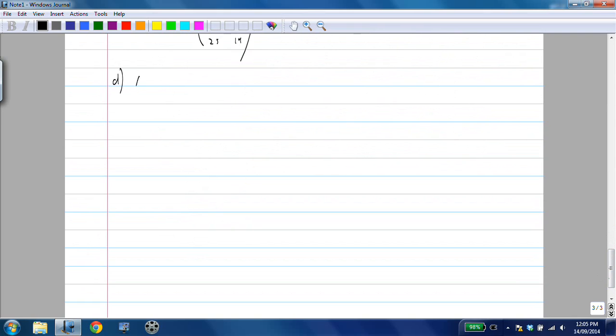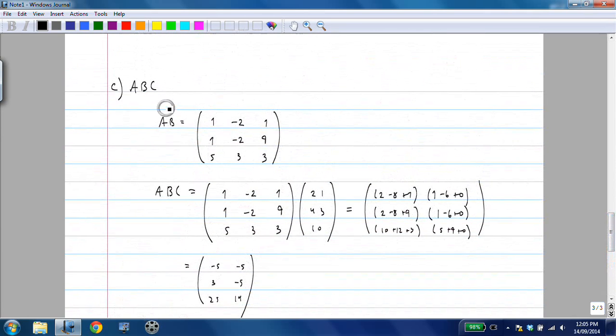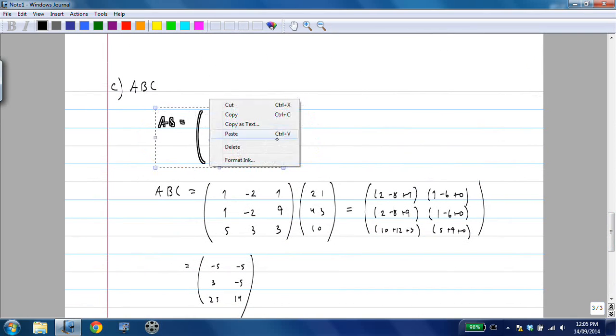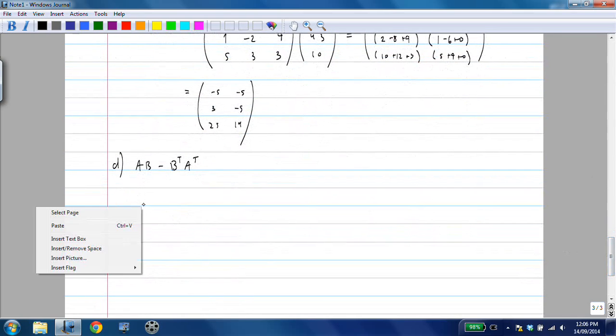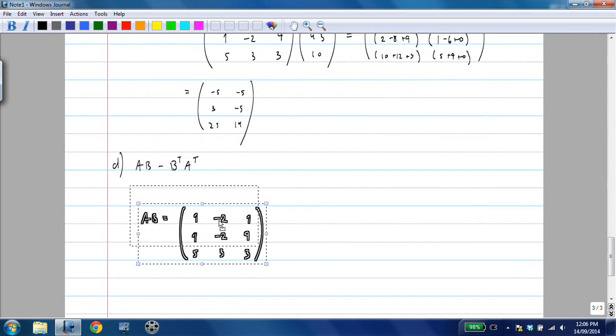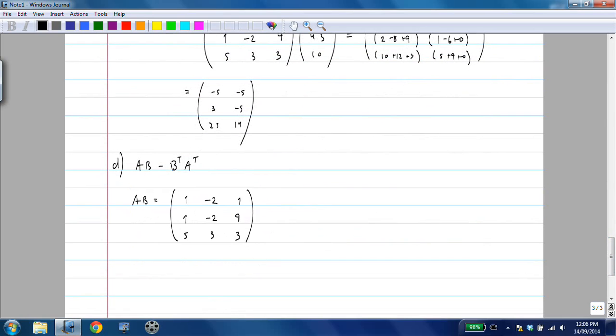And then lastly, we want to find A times B minus B transpose times A transpose. So again, we already have AB here, so we just copy this matrix here, and then we just need to find B transpose A transpose.